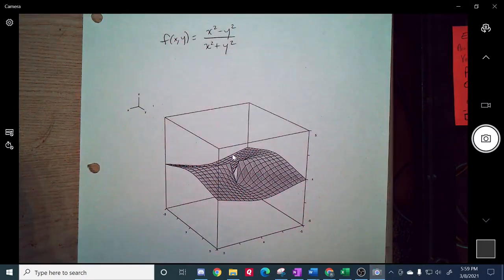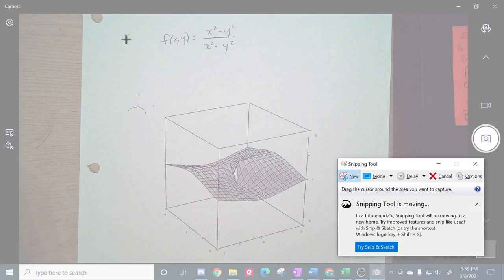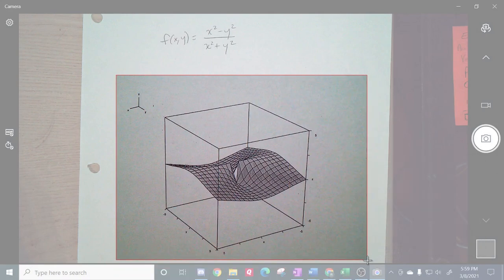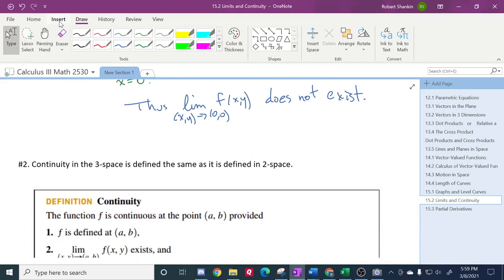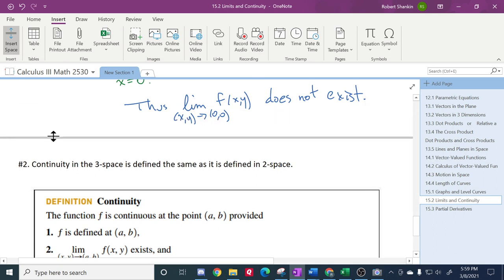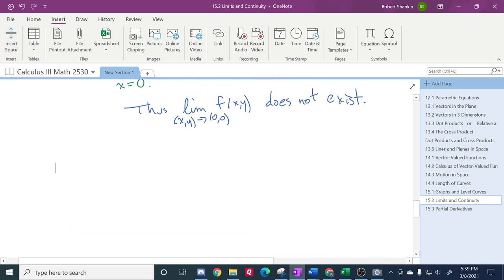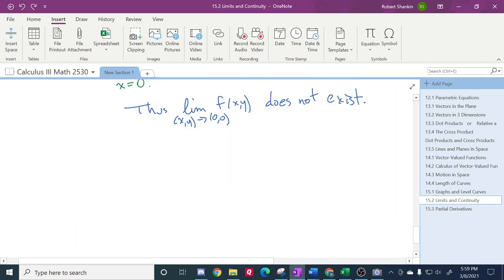And let's just put this into here. Oops, I didn't give it enough space.